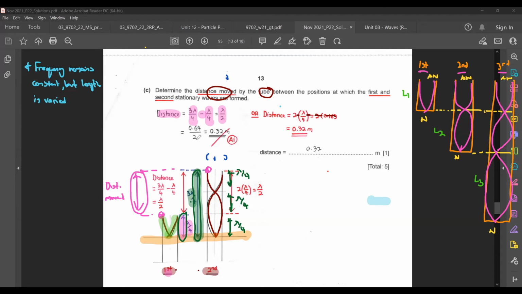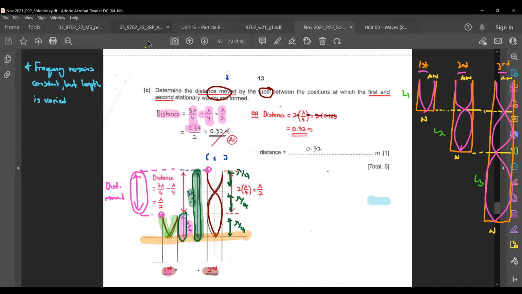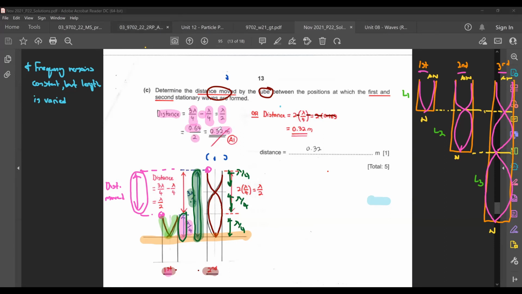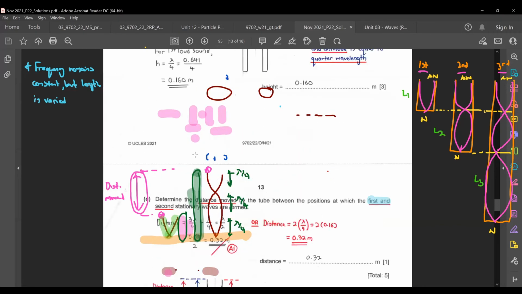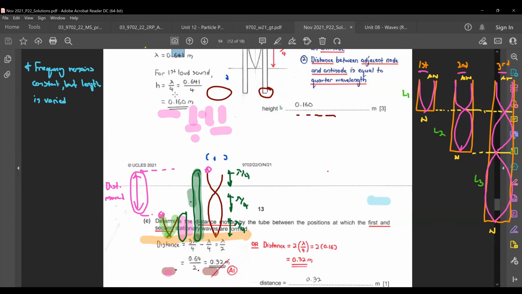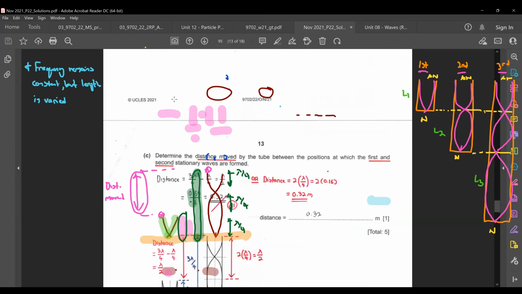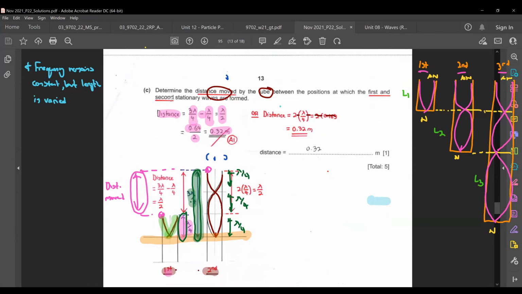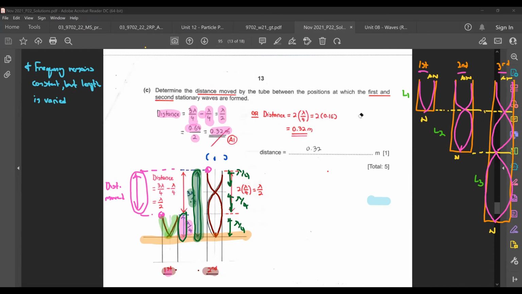And I already know that lambda is 0.64, so divided by 2, I'm going to get 0.32 meter. I got it at 0.641 now. You can actually just round it out if you wanted to. If you don't want to round out, you want to use 0.641, it's also fine. You will get back the same answer. Okay? Right, so this one is how you do this question.